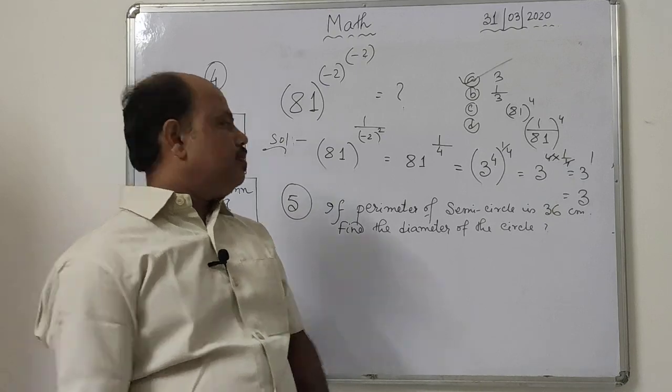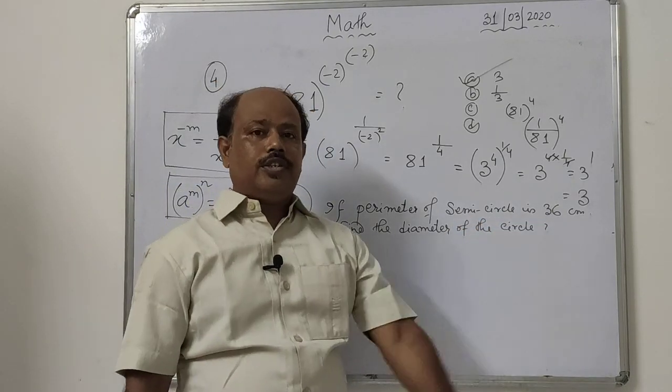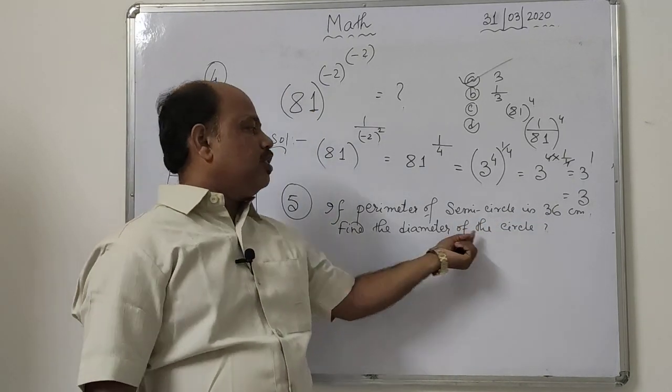If the perimeter of a semicircle is 36 centimeters, find the diameter of the circle.